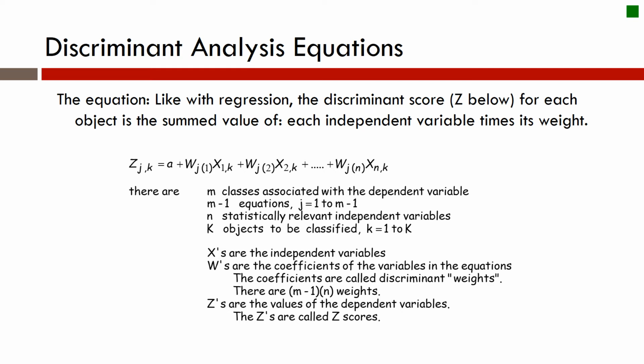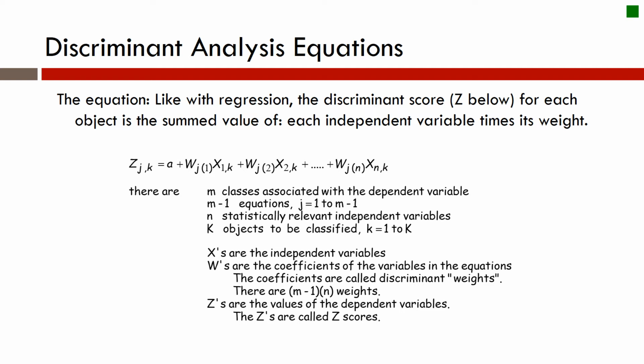So what will eventually happen when we run a discriminant analysis is we will create a series of functions. In this case, the function is noted by z sub j sub k. And then we have a as a constant in this function, and then we have different weights, w, and different independent variables, x's.